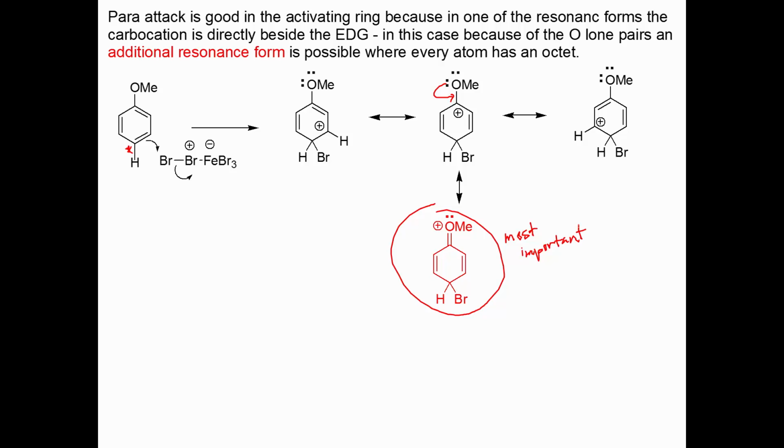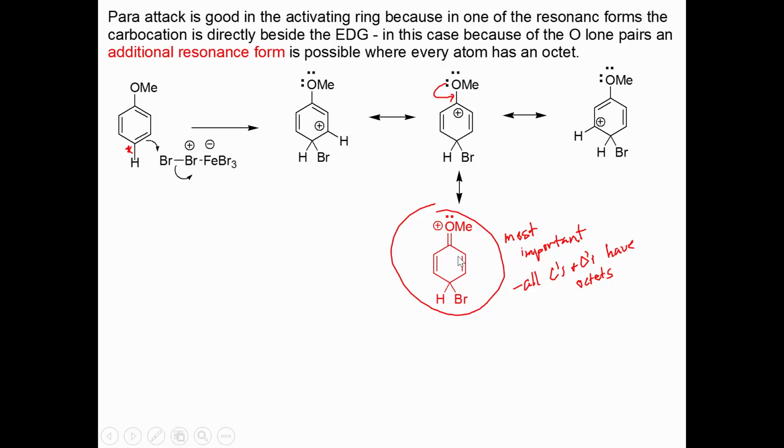And that's because this one, all carbons and oxygens have octets in this resonance form right here. So this is another reason why we like to show the oxonium ion resonance form. All of these have a carbon that doesn't have an octet. A carbocation does not have an octet. There's only 6 electrons buzzing around this carbon right here, as there is here.